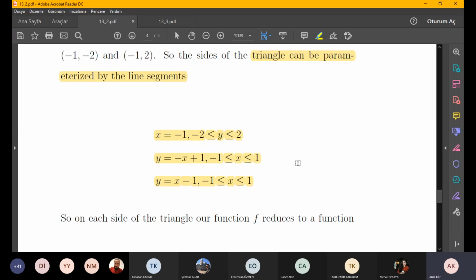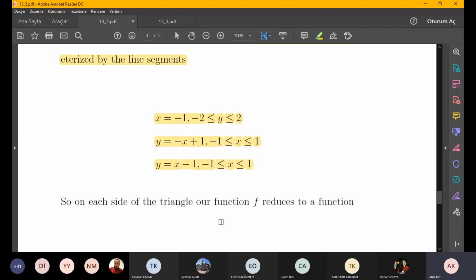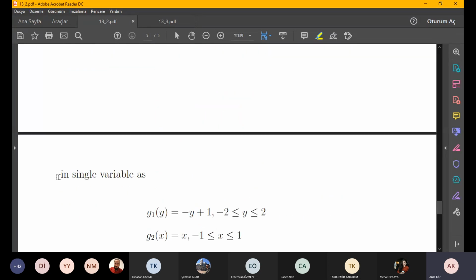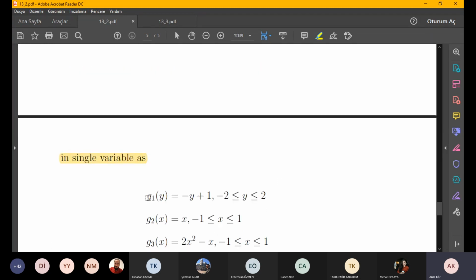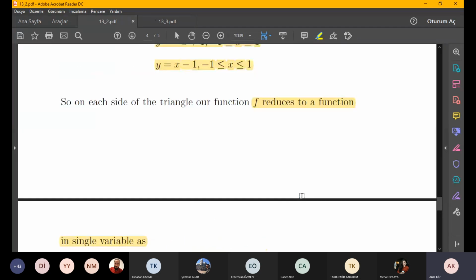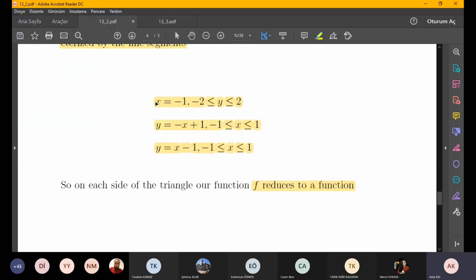So on each side of the triangle, our function f can be reduced to a function in a single variable. How can that be? You can define the first function here, x equals -1 and y in between -2 and 2.